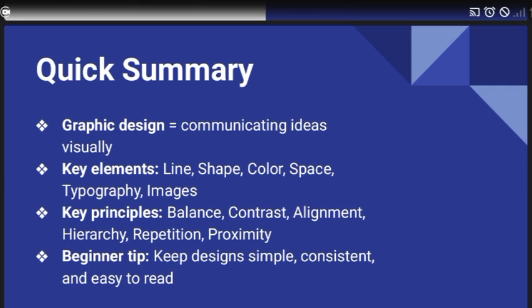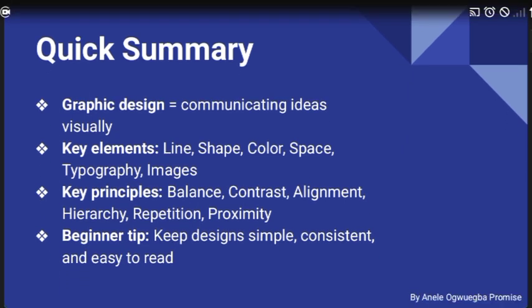Let's just run a quick summary of the tutorial. We talked about graphic design, which is communicating ideas visually and clearly. The key elements of graphic design: line, shape, color, space, typography, and images. We talked about the meaning of all that already.